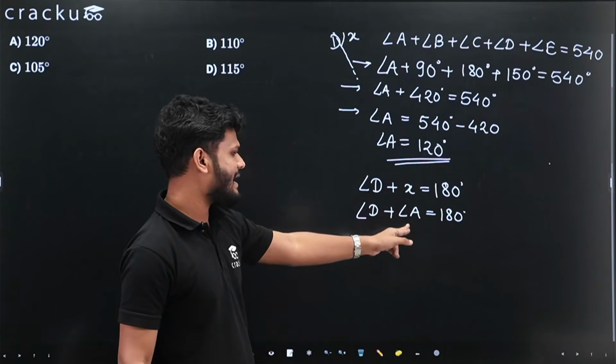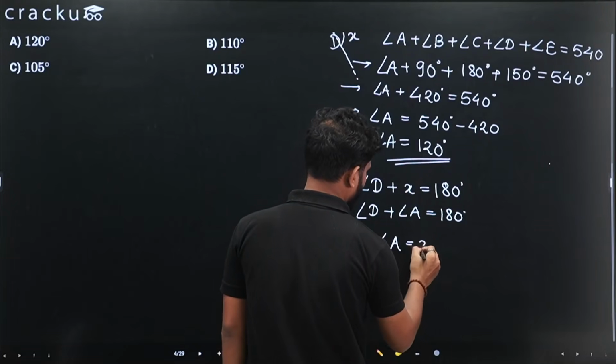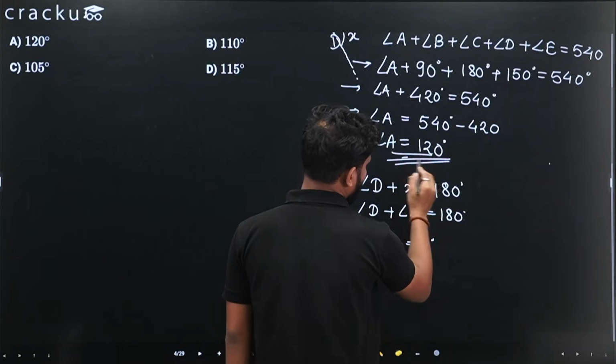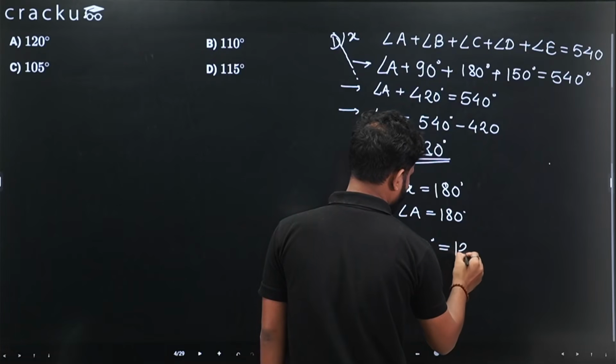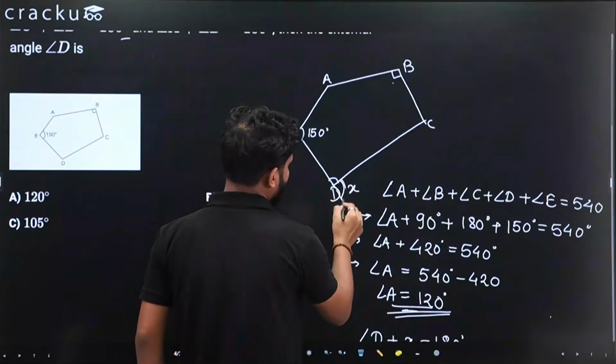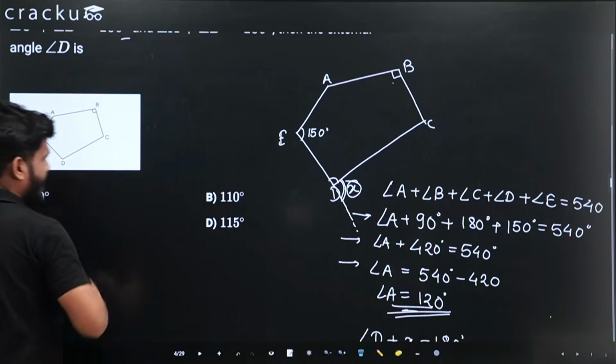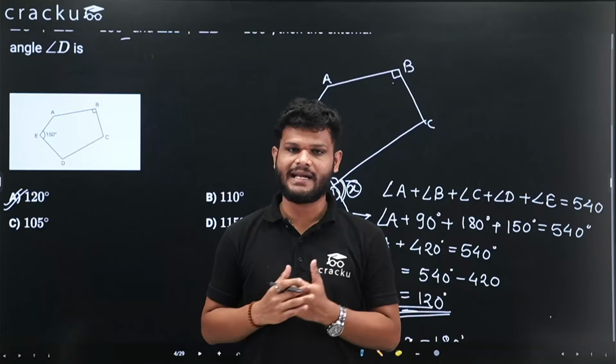So I can say angle A is equal to X degree. And what is X degree? Angle A is 120 degree. Hence the external angle, this X, will be 120 degree. It is given in option number A. So option number A is the correct choice.